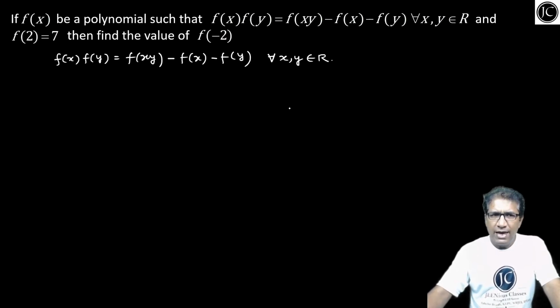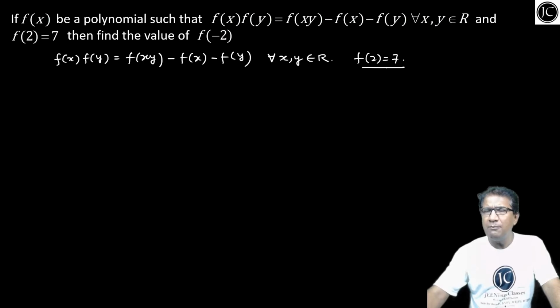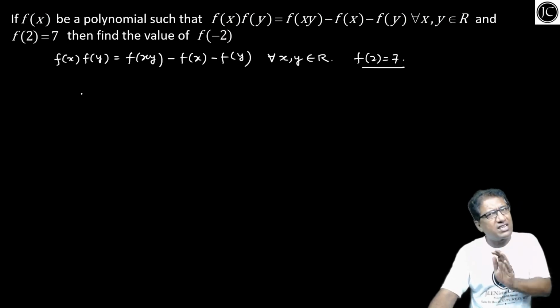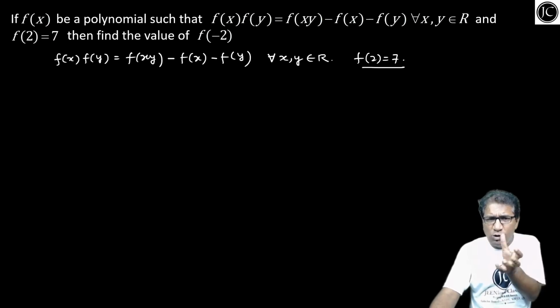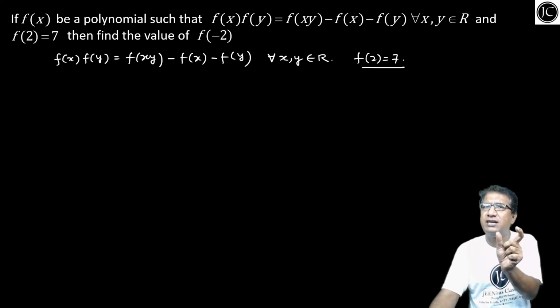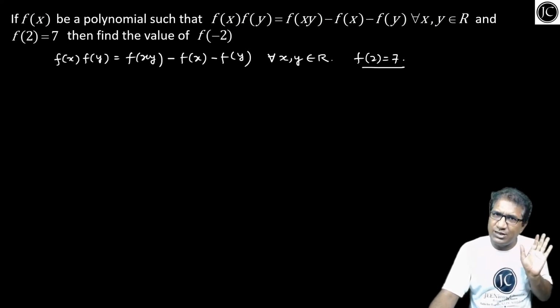Is it clear? और बोला है क्या, f2 is equals to 7. Okay? Now, is this functional equation any of our standard form? No. तो यहां पर हम लोग क्या करेंगे, हम लोग we will try to manipulate this functional equation so that it falls in that standard functional equation form. Is it clear to all of you?